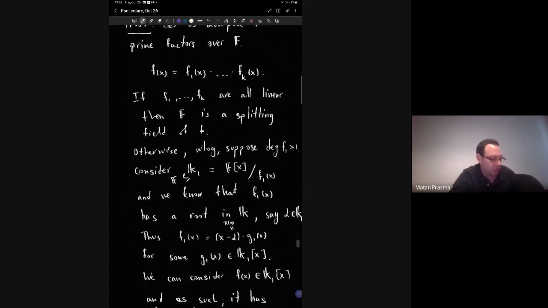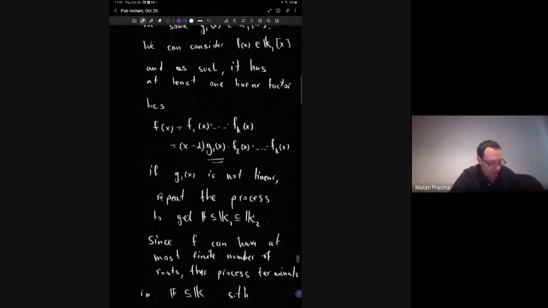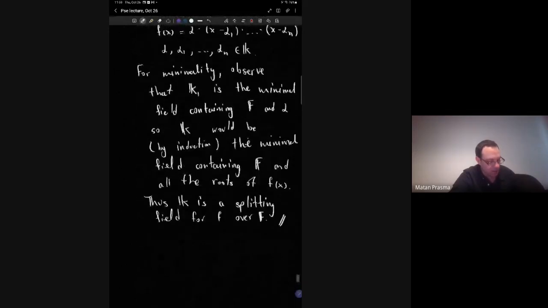So this shows you that all in all, the resulting field K1 was the minimal one for which the first root was constructed, and eventually the resulting field K is the minimal one that can contain all the roots of the original polynomial.